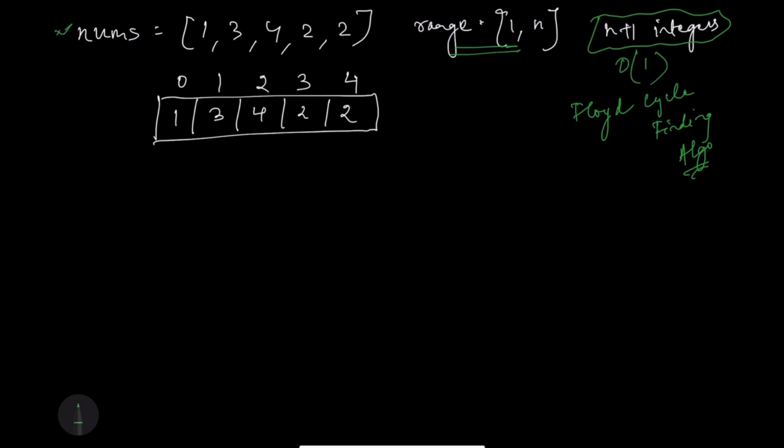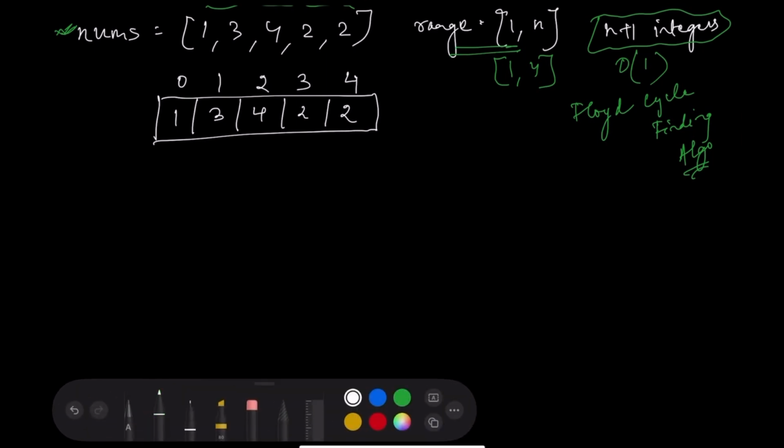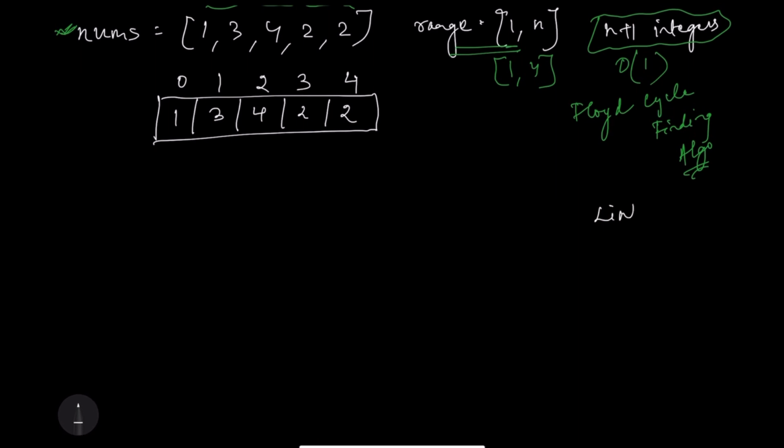If you see in this array, we have 5 integers, but at the same time our range is from 1 to 4. If you look closely, this problem looks more or less like a linked list cycle problem. In LeetCode, if you go to Linked List Cycle 2, you might relate to this problem.